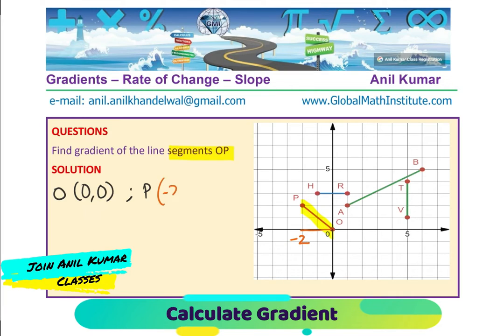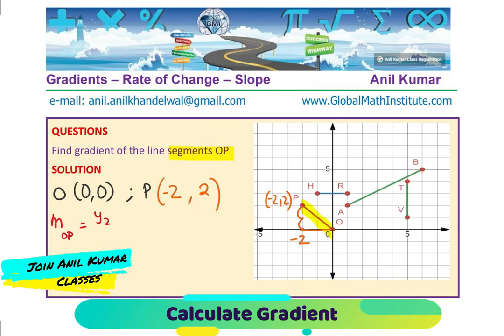So we have minus 2 and then we go up 1, 2. So up means positive. So we get the coordinate point P as minus 2, 2. Make sense? Perfect. Now you'll apply the formula, and M is the gradient or the slope from O to P. From O to P.